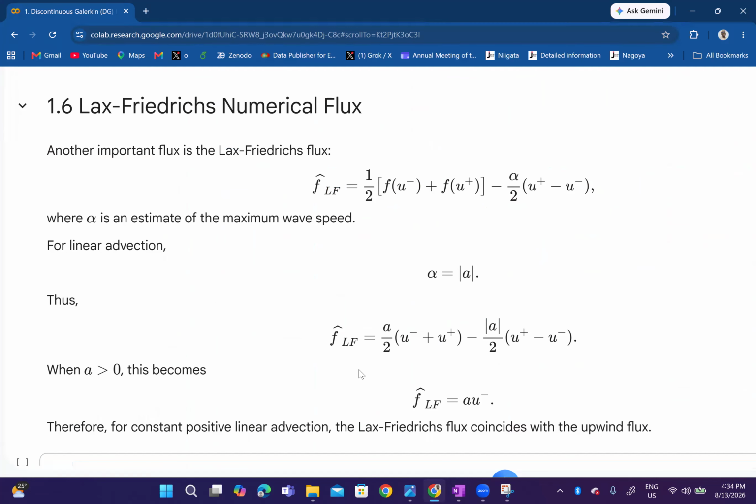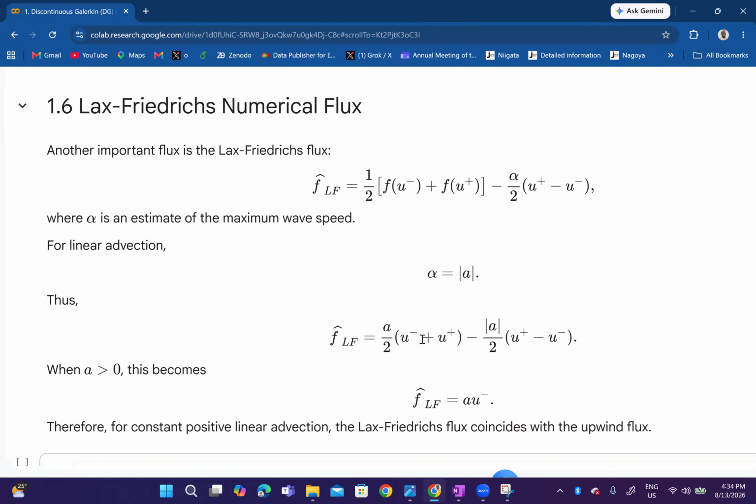So when a is greater than 0, the plus side will go out.